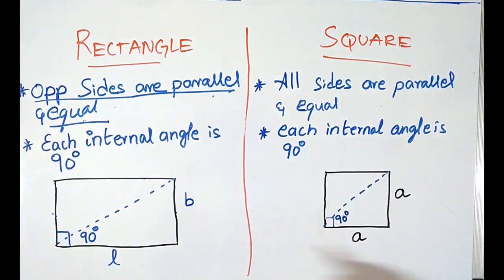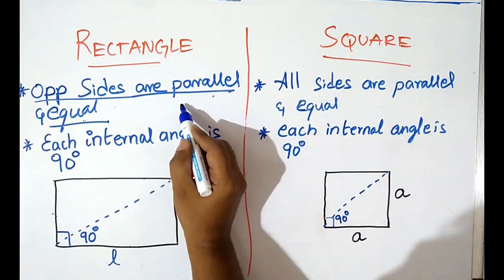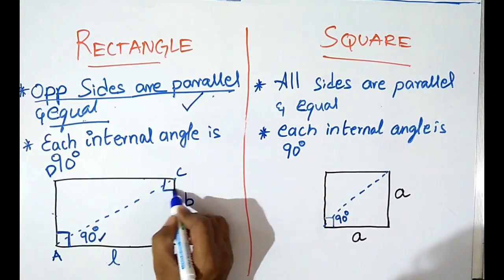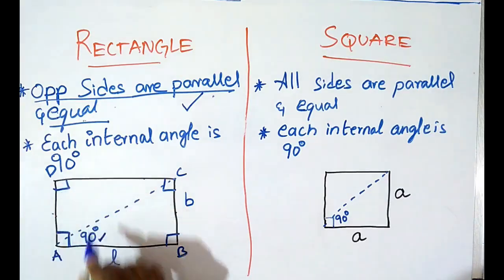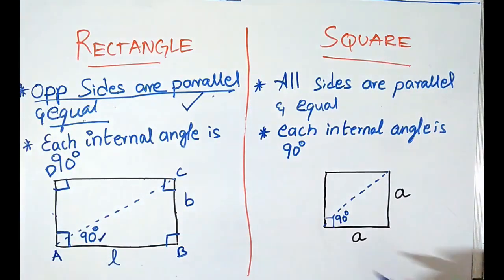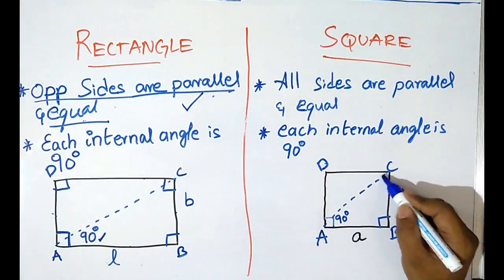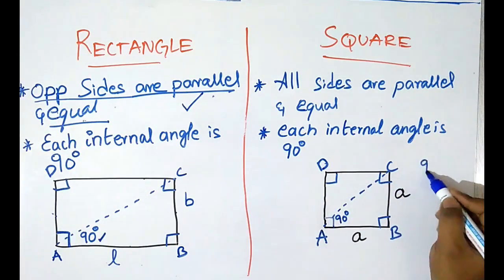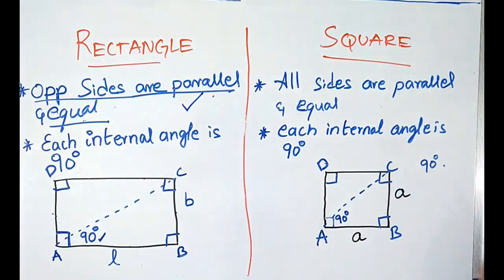But in addition to the property of parallelogram, we can see this internal angle is 90 degrees. Even in square, these internal angles are equal to 90 degrees. The only difference between rectangle and square is that in square, all sides are equal.